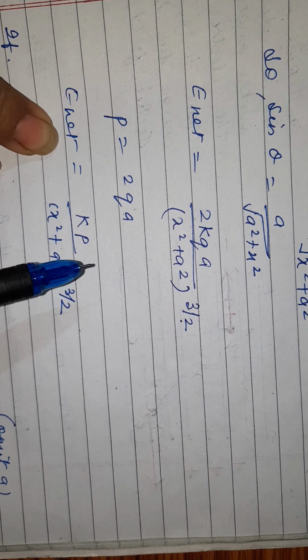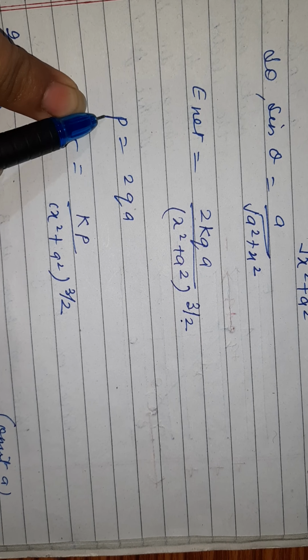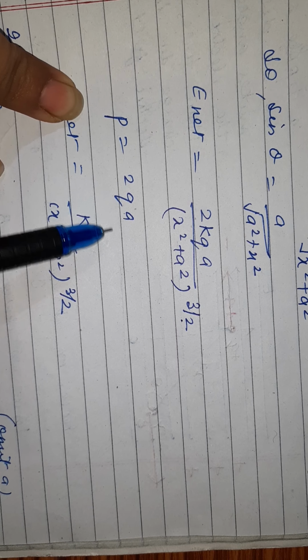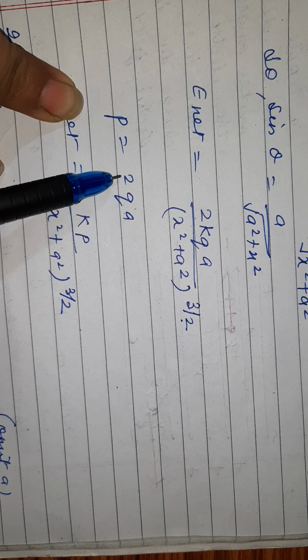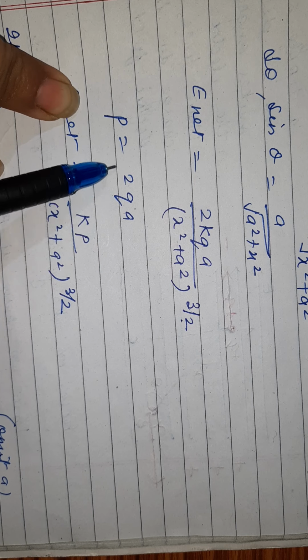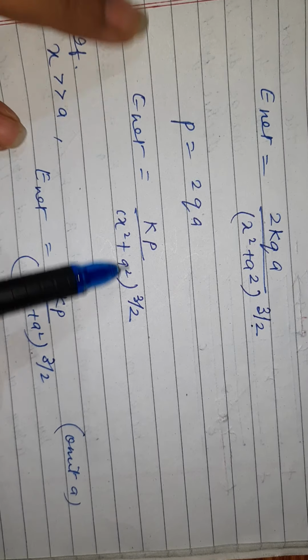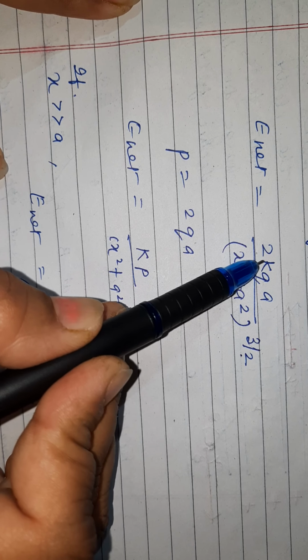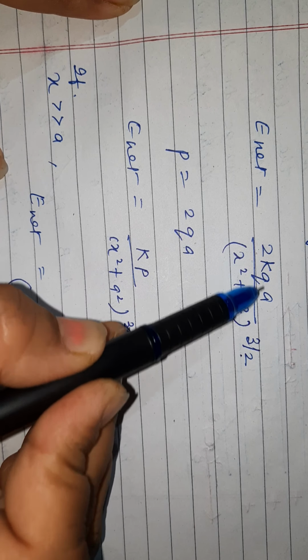Okay. Also we know that dipole moment p is equal to 2qa, that is charge into the distance between the two charges. So we have substituted this value of qa as p.